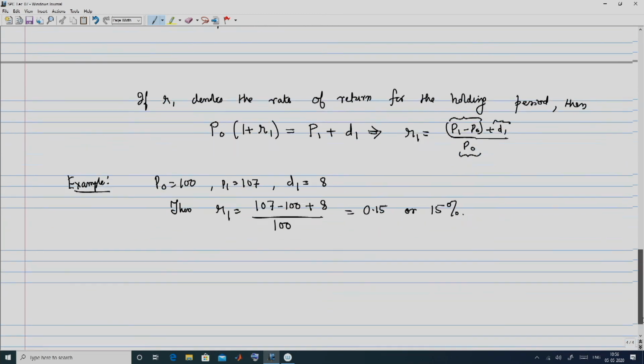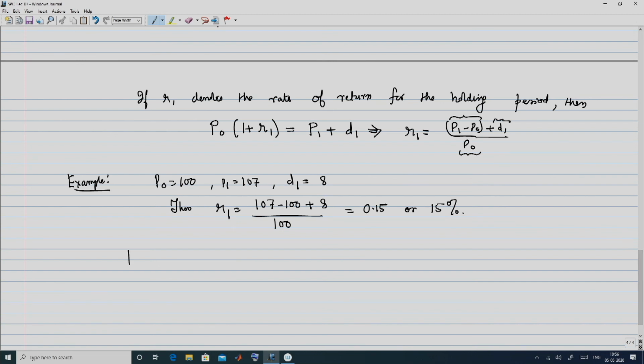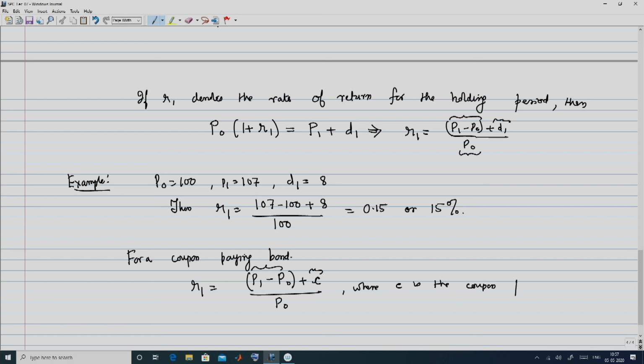Okay, so what we have now talked about is the return for a stock. So, in case of a bond, say you have a coupon paying bond, so again the same thing, suppose that you purchase the bond for an amount of P naught, at the end of 1 year you sell it for P1, and in the intervening period you receive a coupon of C, then your gain is going to be P1 minus P naught plus C divided by original P naught, where C is the coupon paid during the holding period.